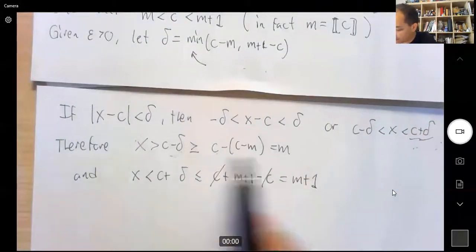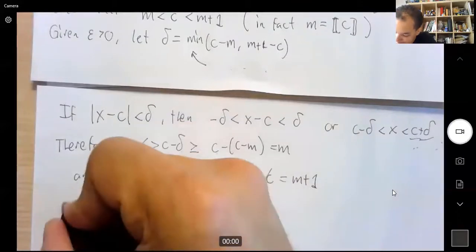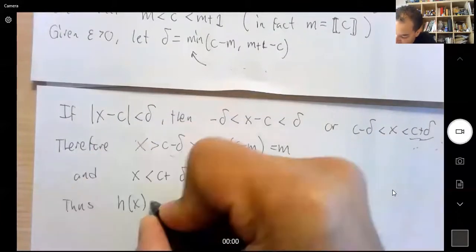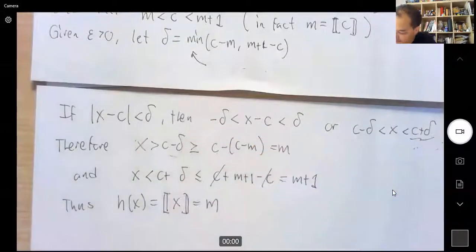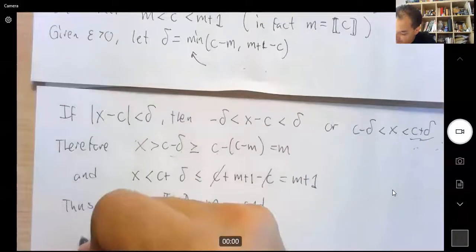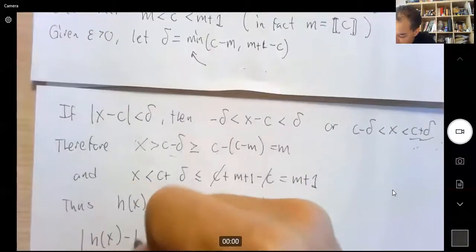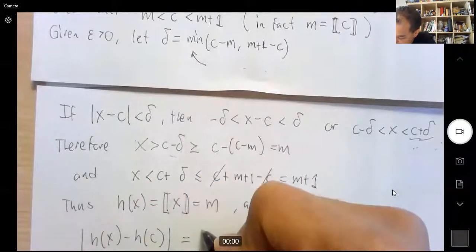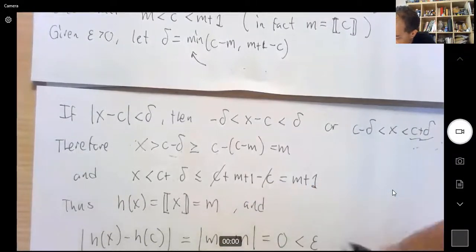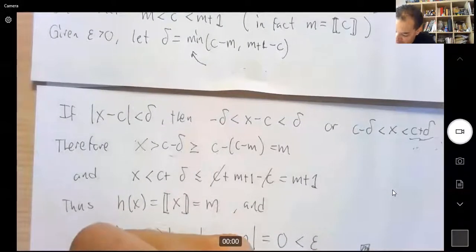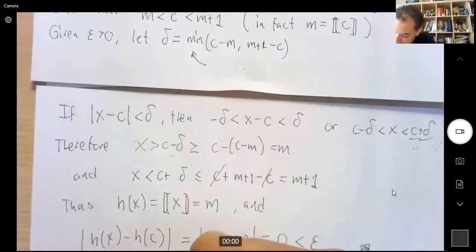Now our number x is between m and m plus 1, thus h of x is m. And when we do h of x minus h of c, we get m minus m, which is 0, and 0 is less than epsilon, so we are done. So h is continuous at c.